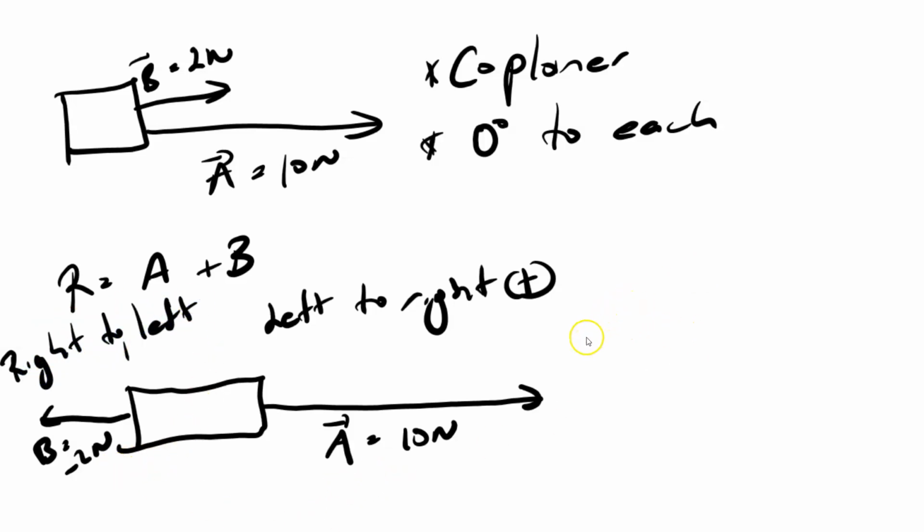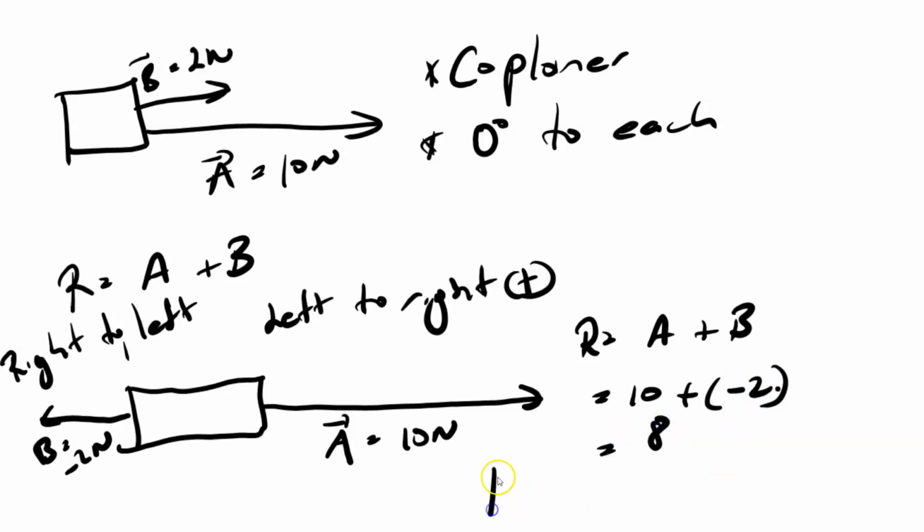I can still use the same formula to get my resultant vector: A plus B. A is this, plus B is minus 2. Sorry, I'm supposed to write minus 2. And I end up with a resultant vector of 8. So we would have a vector going this direction with a resultant of 8 newtons. And that's how we look at two vectors.